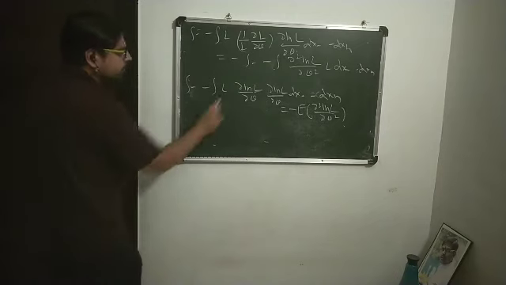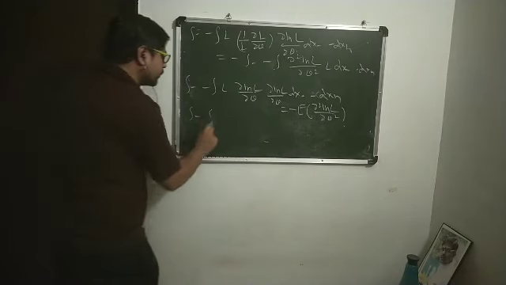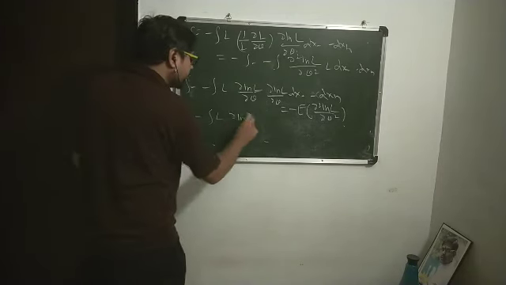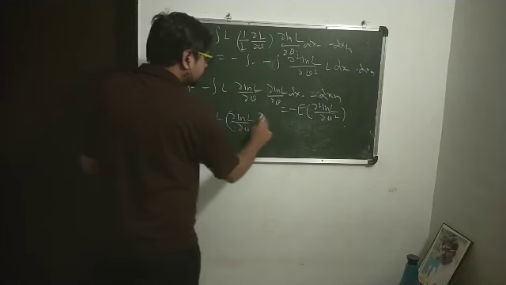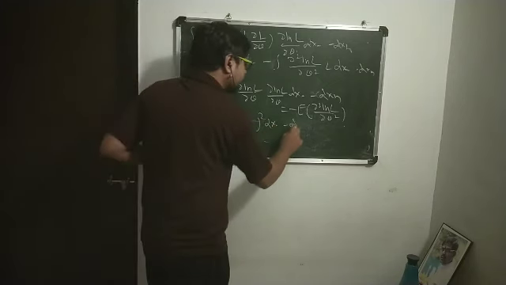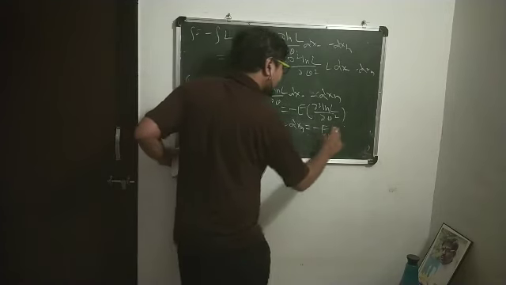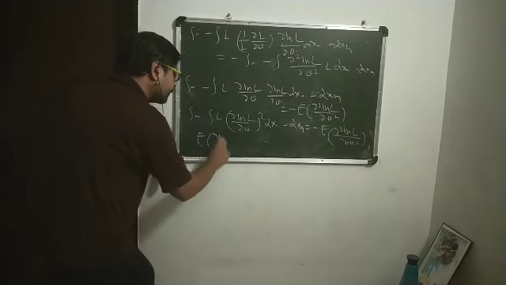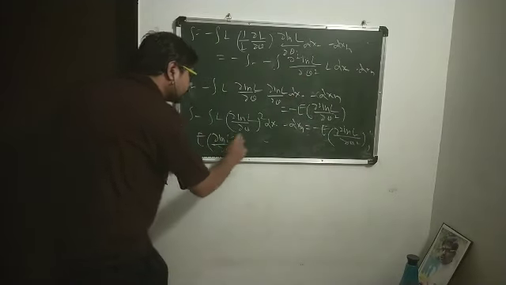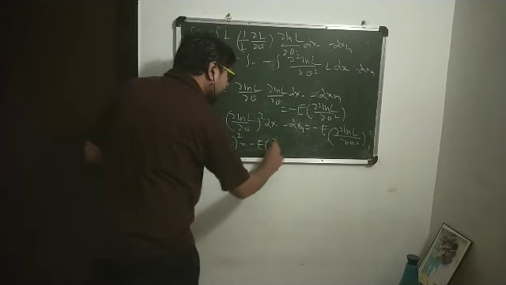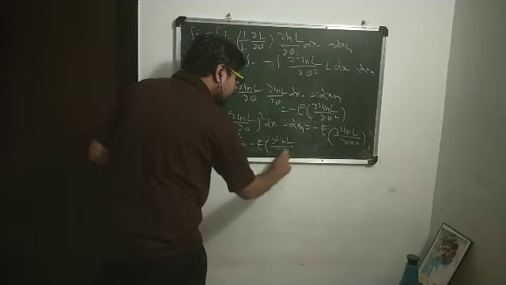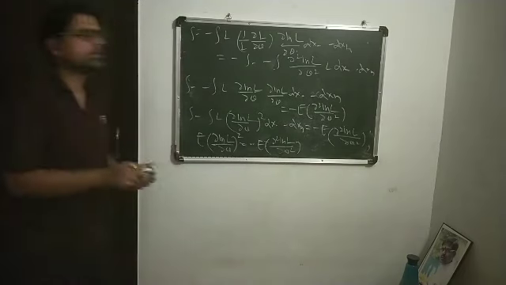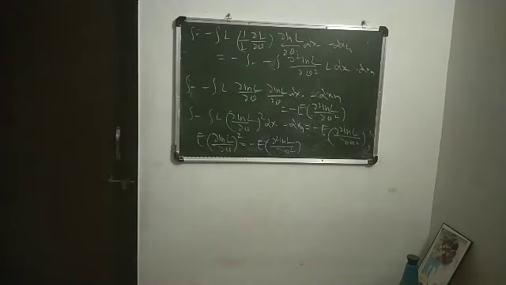So this is the last property of the likelihood function, and we will now stop here. Thank you.